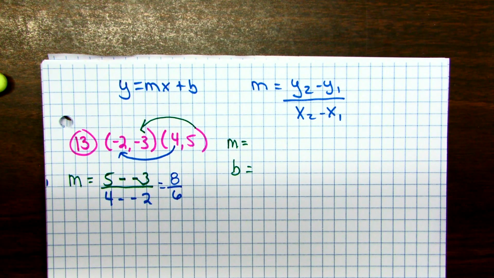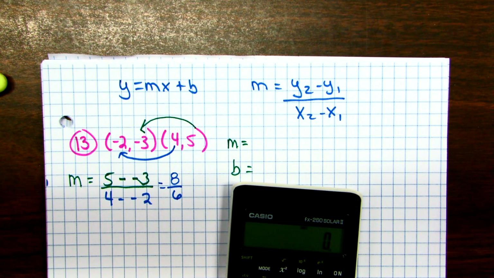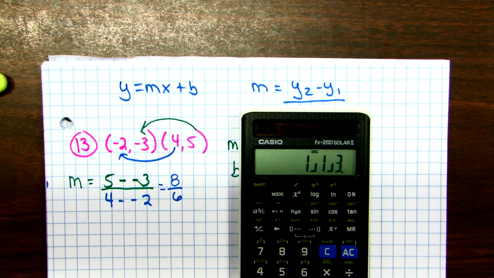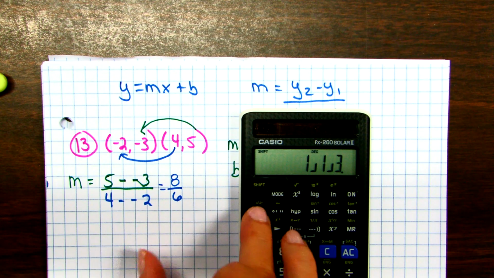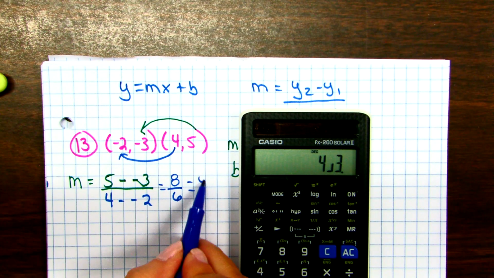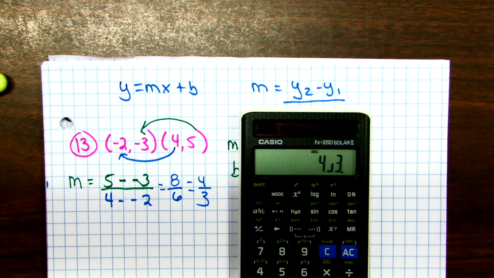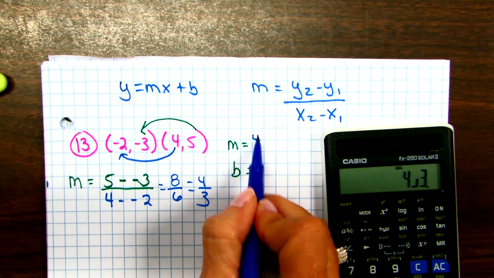You always want to simplify your fractions. You can do it by hand, great, or ask your calculator to help you. 8 over 6, enter, yuck, shift, fraction key, yay. Okay, 4/3. There's half our answer.